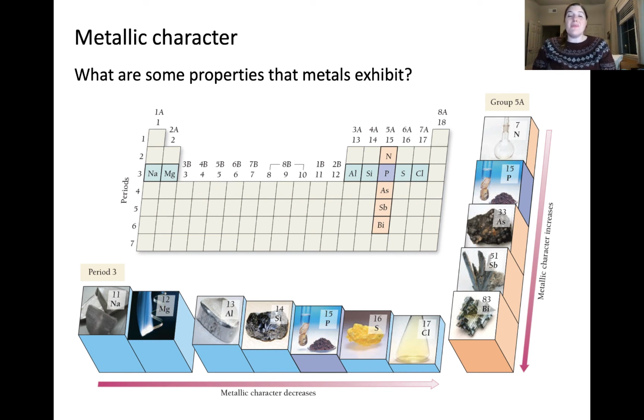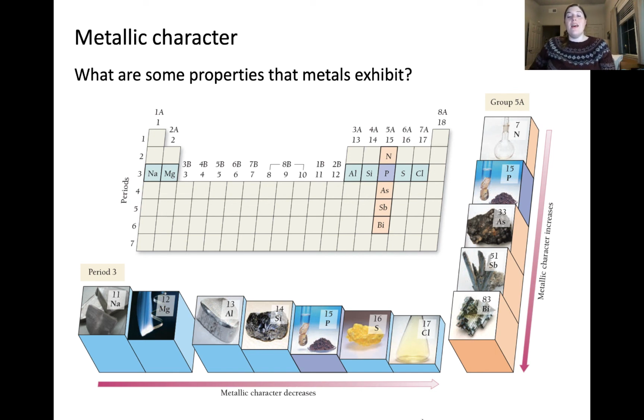Now, you'll also remember from previous modules that metals tend to form stable cations, and that's very important for why this trend is observed. So what we see as the trend is that the metallic character tends to increase when moving down a column, as shown on the right, and it tends to decrease when moving from left to right across a row of, again, these are main group elements.